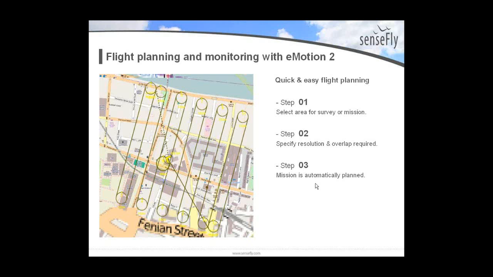So the mission is automatically planned, and you can also do perpendicular flight patterns. Say you've got a lot of buildings and you want to get the side walls of them. You can have the eBee not only fly in one direction, but fly in the other direction too.